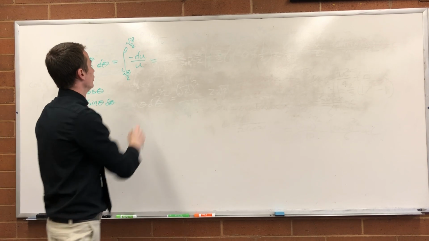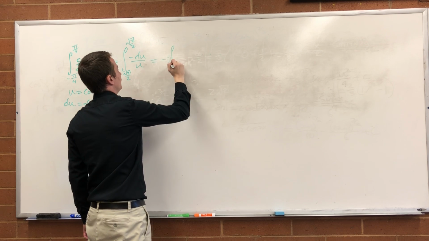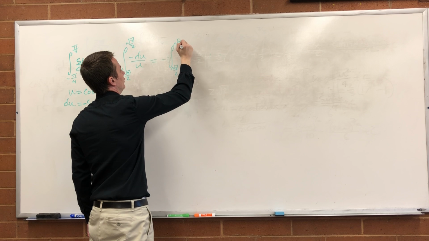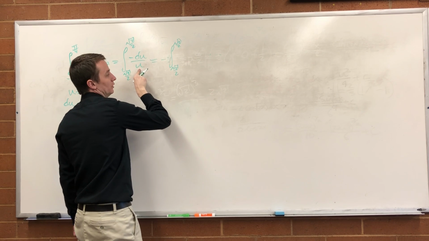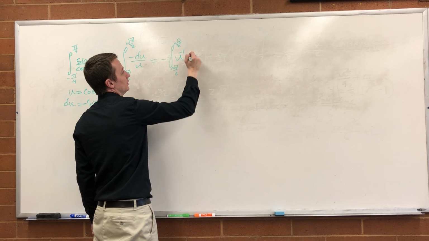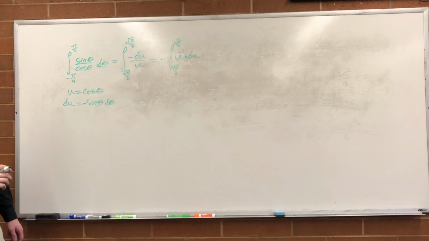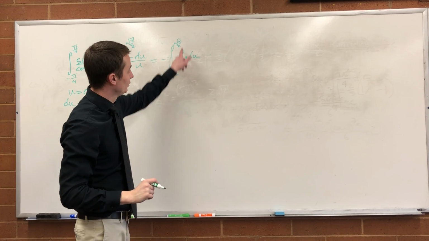So we'll pull out the negative. Negative the integral from square root of 2 over 2 to square root of 2 over 2. And we have u to the negative 1 times du, right? What is the antiderivative of u to the negative 1?